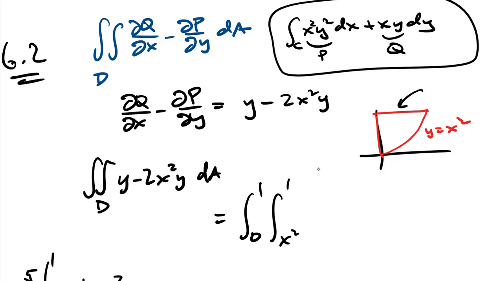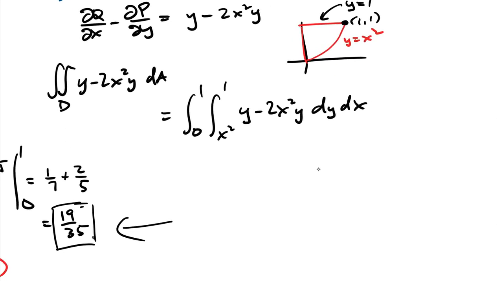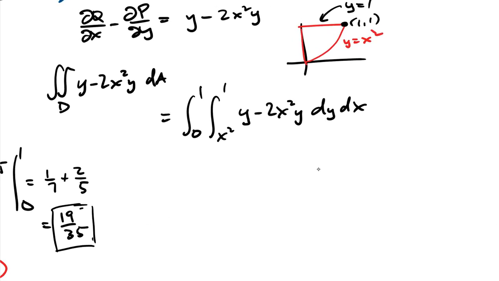Remember, this is y equals 1, because this is 1, 1 here. So now this is y minus 2x squared y dy dx. When we do this integration, I'll pause the video and do it.